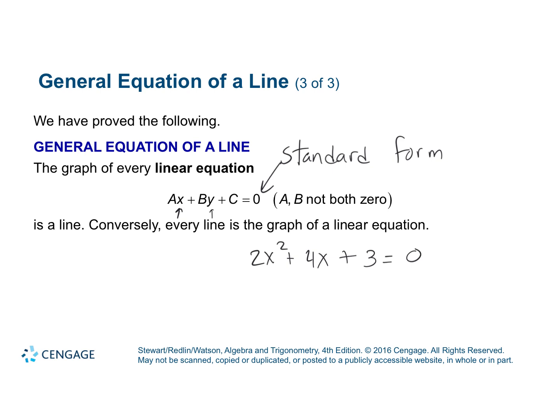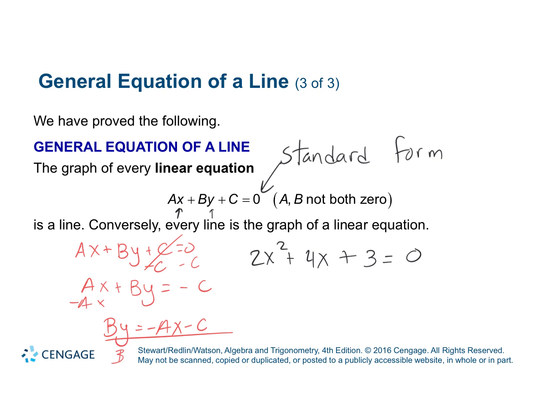So if you wanted to rearrange it into slope-intercept form, you can by first moving the c over. So it would be ax plus by is equal to -c. I'll subtract the ax, so it would be by is equal to -ax minus c. I'll divide by b, and we get y is equal to -a over b x minus c over b.